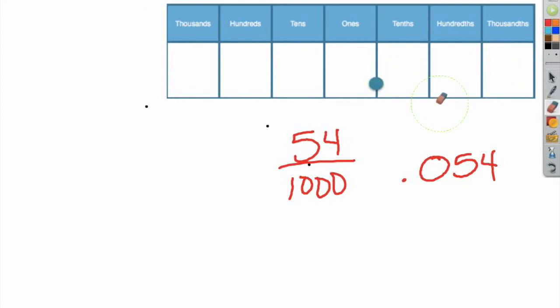How many zeros will you have on the bottom to get to hundreds? 2. How many zeros are in 100? Everybody show me with your fingers. How many zeros are in 100?